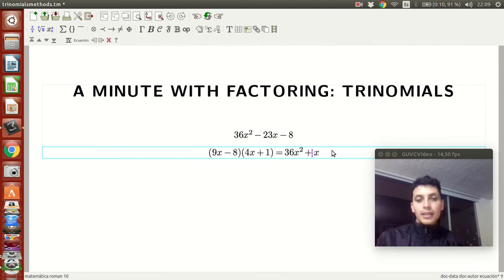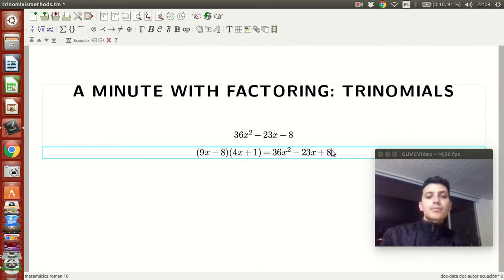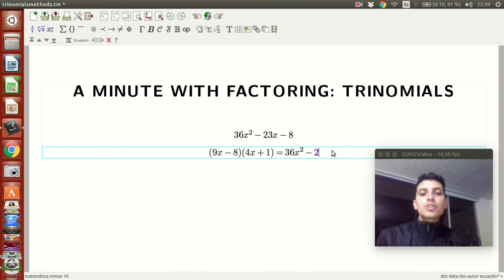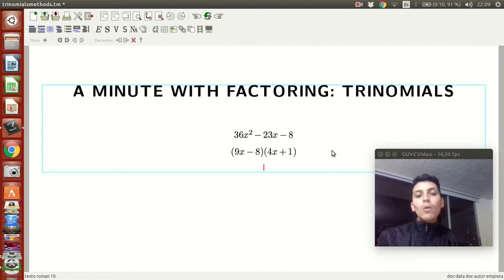So this is negative 23x, and negative 8 times 1 is negative 8. So we factored the trinomial using the trial and error method. This is the solution. Now, as we know the solution, we're going to try another method.